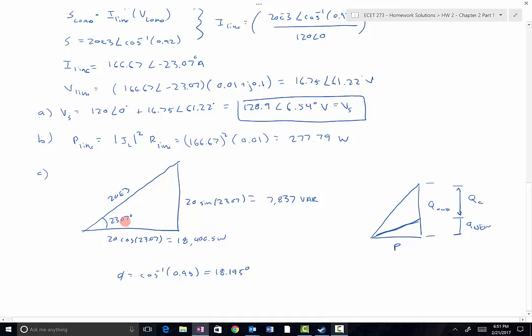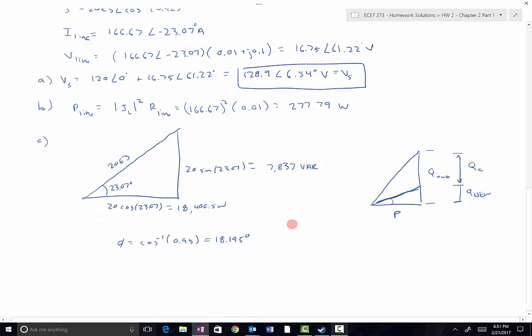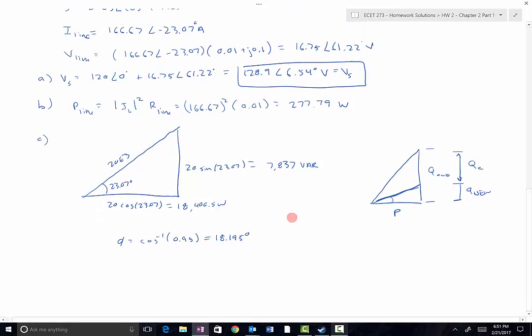So we're going from 23.07 degrees down to a new angle of 18.195 degrees. That's also going to change S.